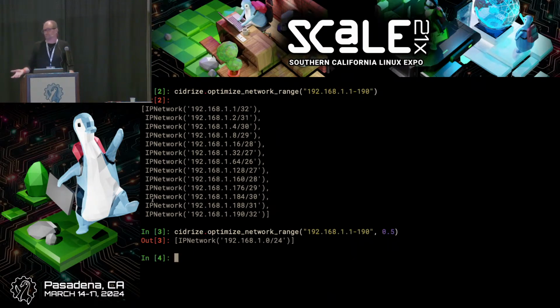NAT was never actually designed to be a security feature. It's more of a side effect that your private addresses are kept hidden from outsiders. But in reality, when you actually inspect the packet payloads, you can always see the real source address. So, like I said, it's an illusion.